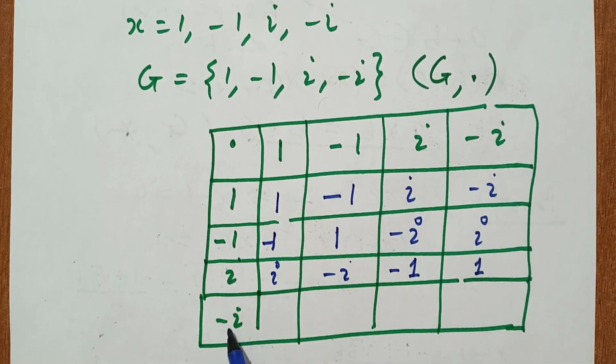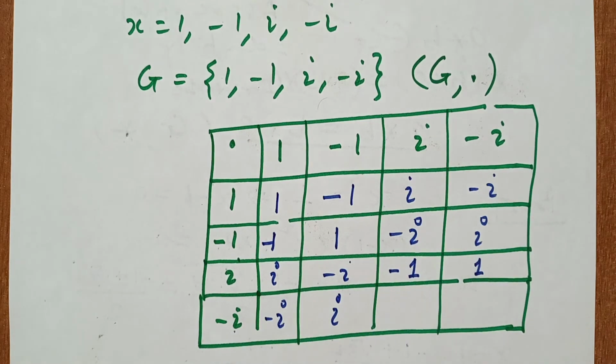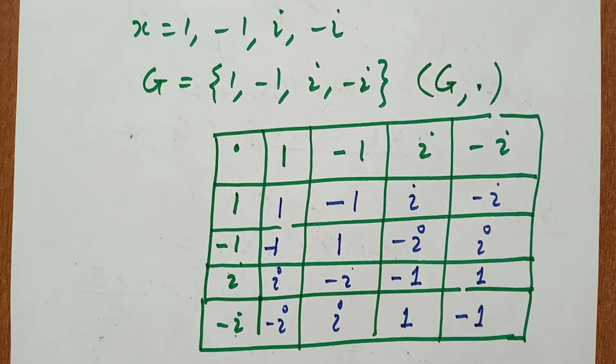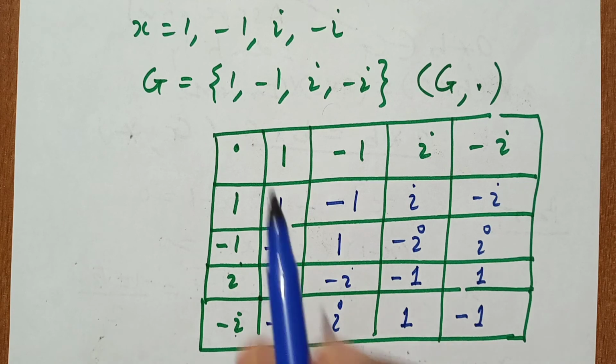Minus i into 1 minus i minus 1 plus i minus i squared is equal to minus 1. Here minus already, so this is plus 1, minus i minus plus i squared is equal to minus 1.